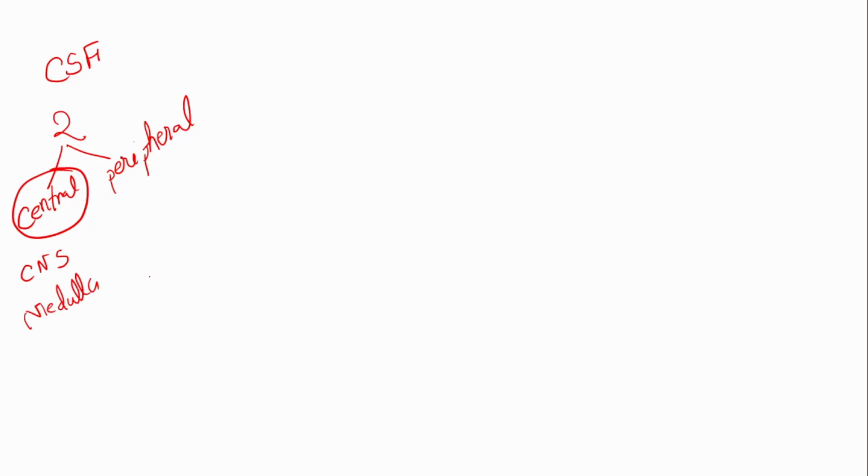These receptors are bathed in cerebrospinal fluid, or CSF, and are separated from the systemic circulation by the blood-brain barrier. Blood-brain barrier means a barrier in the brain that doesn't allow every component of blood to enter inside the brain.